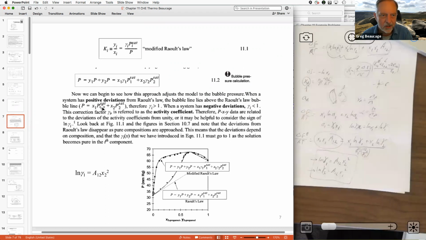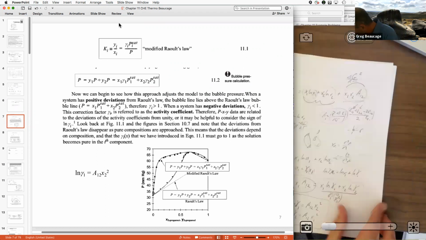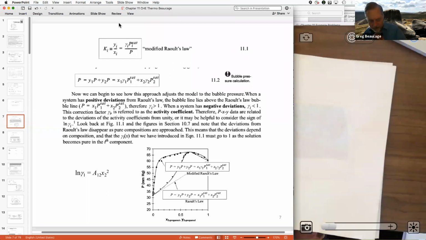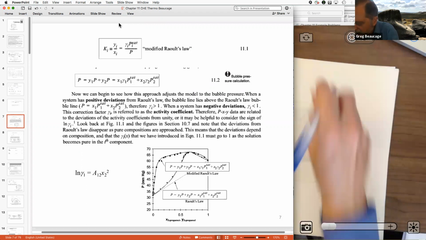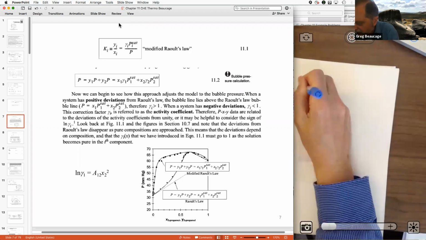So I think I've already kind of gone through this. So this is important. Okay, so this I haven't gone through. So let me get rid of that. So we have the K ratio. So Ki is Yi over Xi.